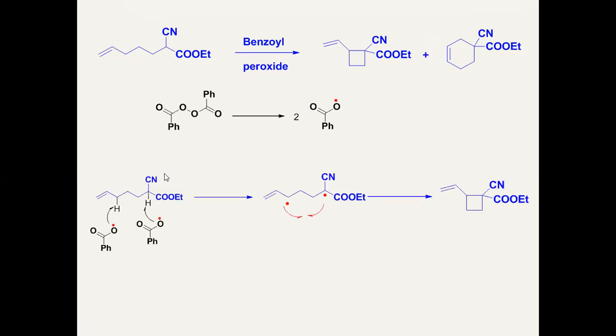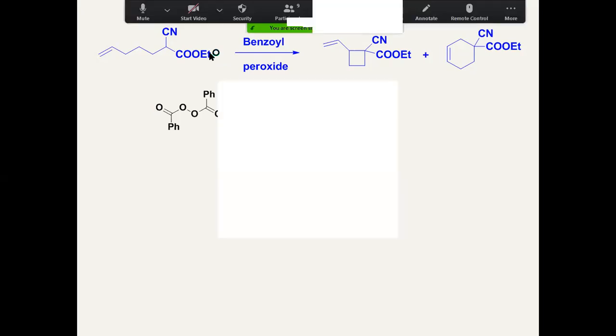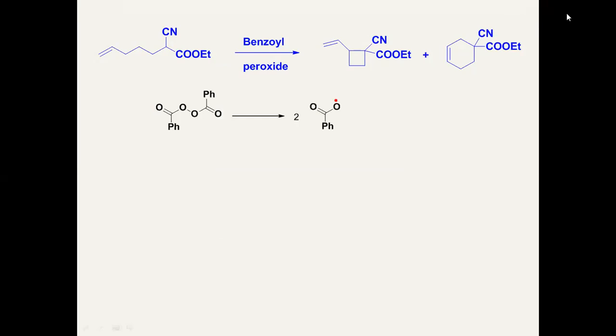If you follow the mechanism for this given reaction, you will know how it works. First of all, this benzoyl peroxide undergoes homolytic cleavage and forms the benzoyl radical, or benzoyl free radical.